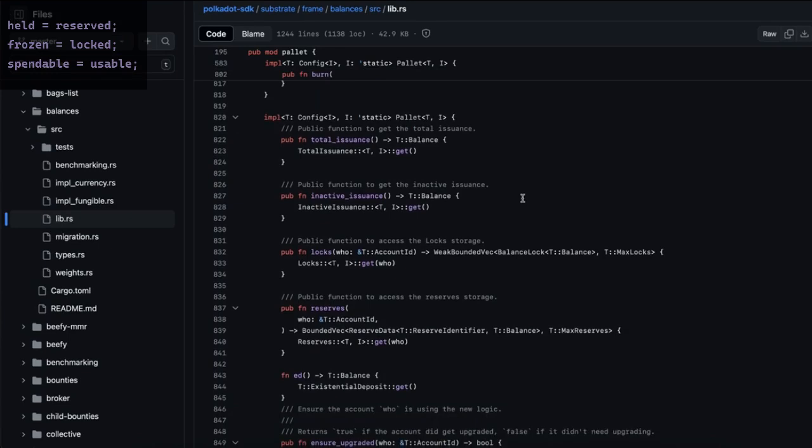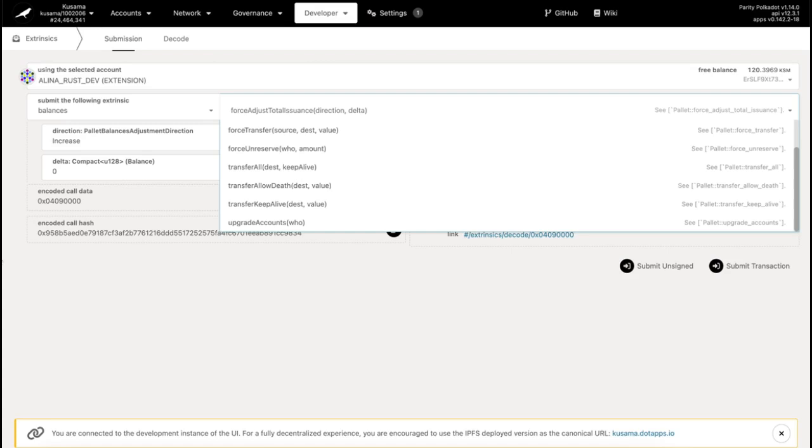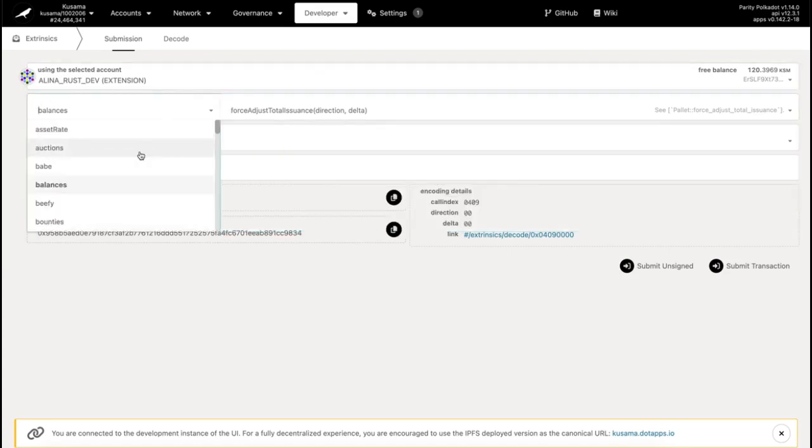And further we can see some logic for the instances of the pallet. Instances means that there could be several instances of the same pallet, but with a little bit different implementation. Now let's take a look at the assets pallet, what extrinsics it has.